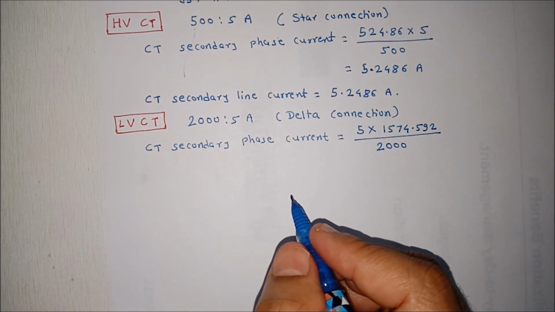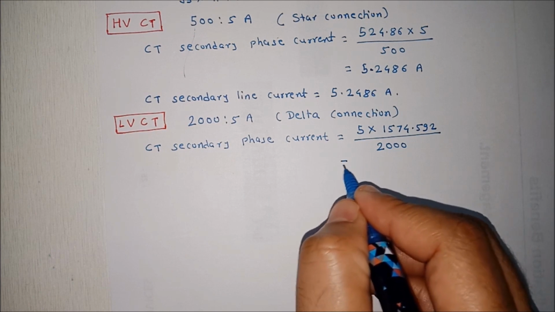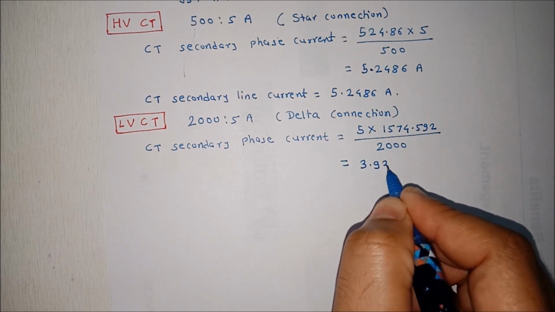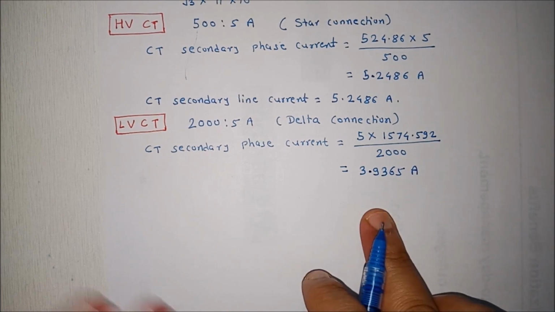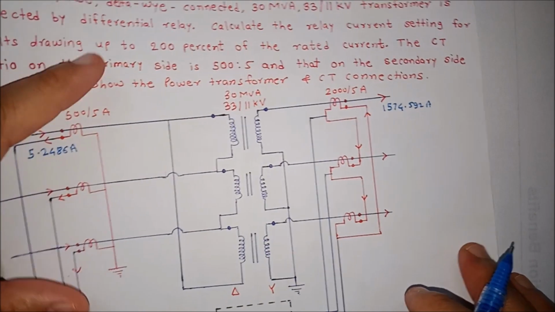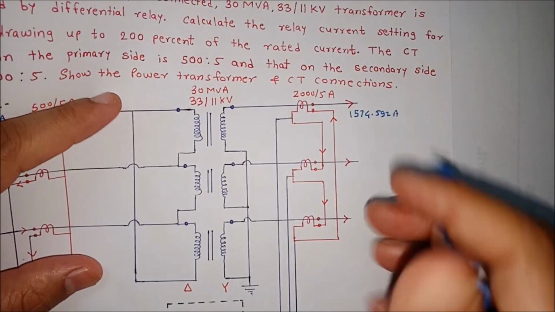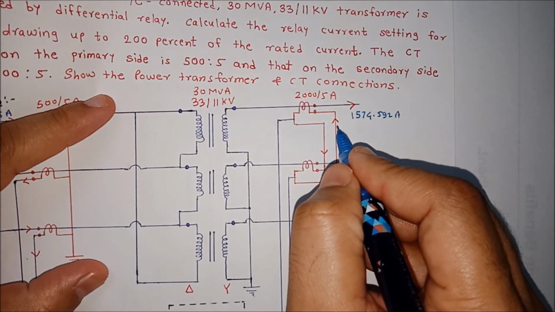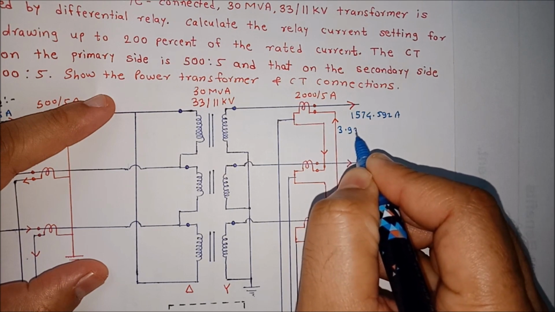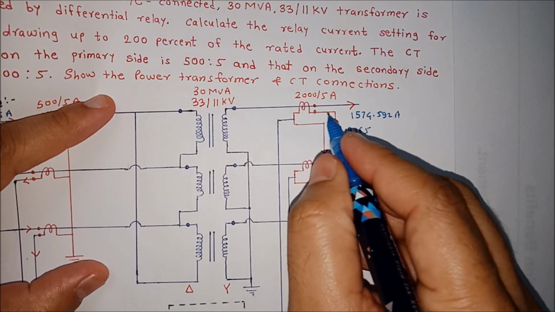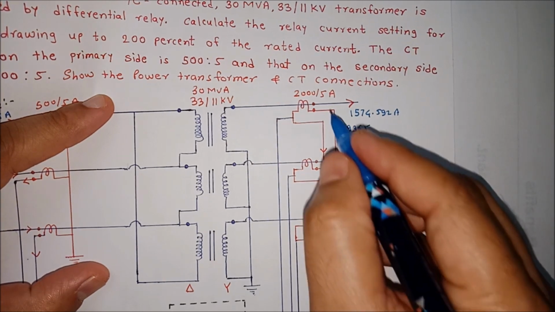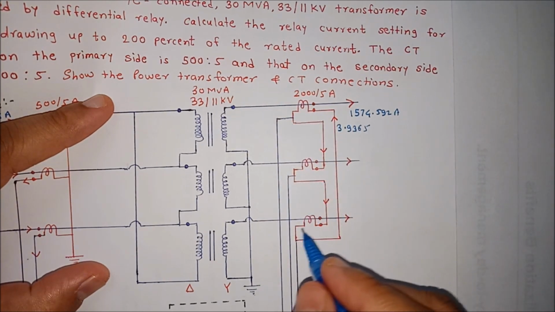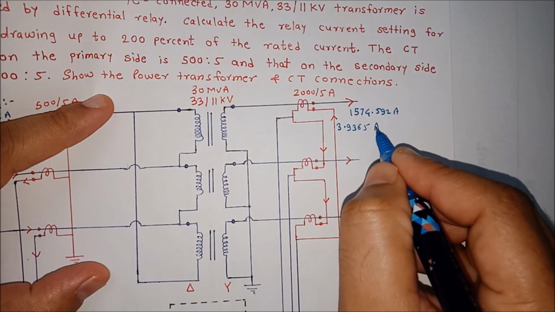If I put this in the calculator, I get 3.9365 ampere, and this current will flow through the phase. Remember, this 3.9365 is the phase current, so it will circulate through this phase as I am indicating.